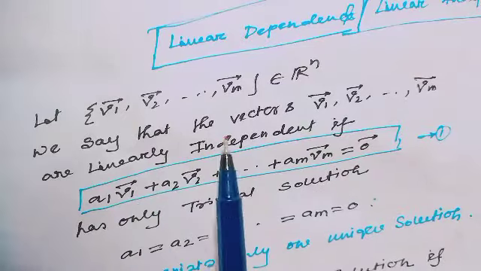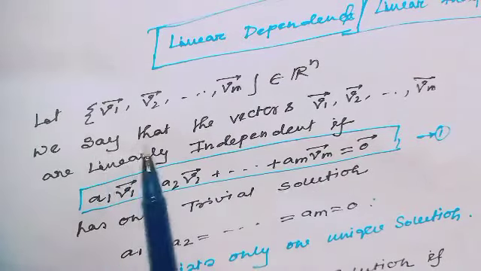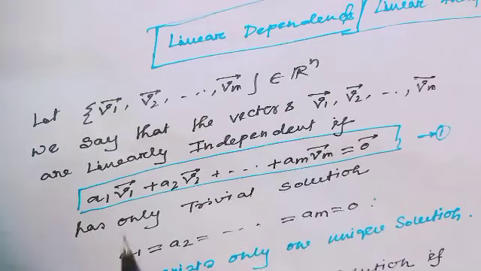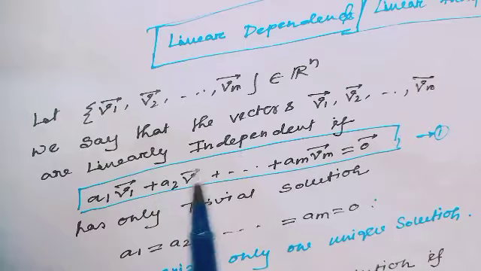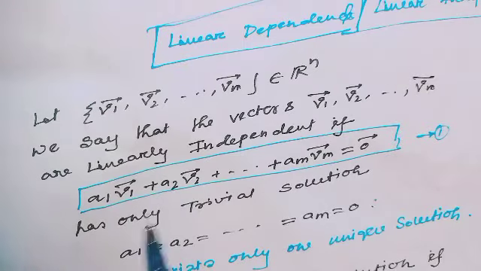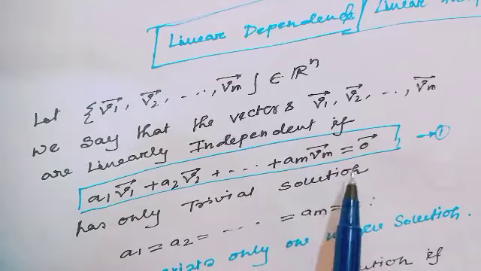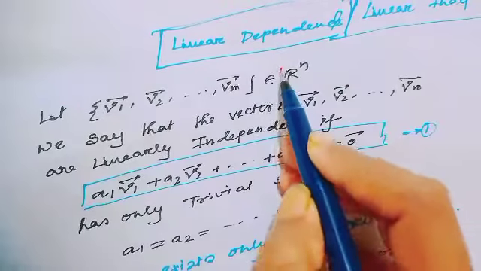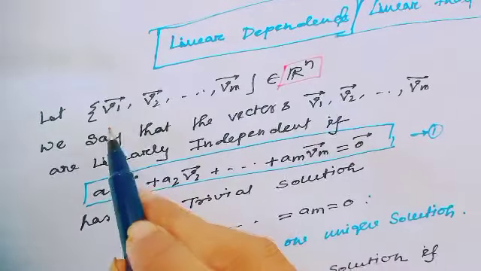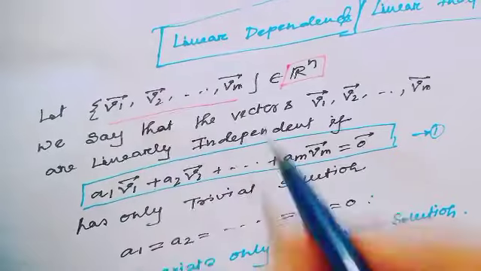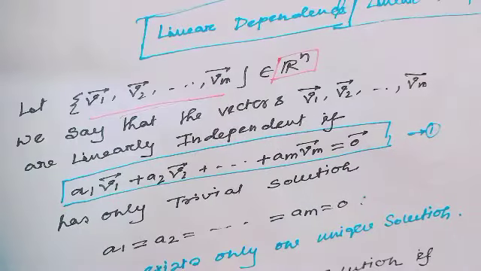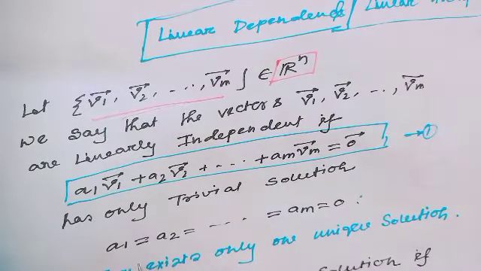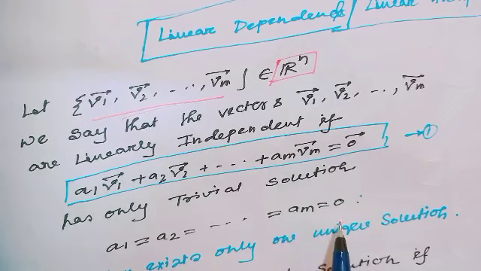We saw a few minutes ago: v1, v2, up to vm, if these vectors belong to Rn, are linearly independent if a1 v1 plus a2 v2 up to am vm equal to 0 implies all scalars a1 up to am equal to 0.